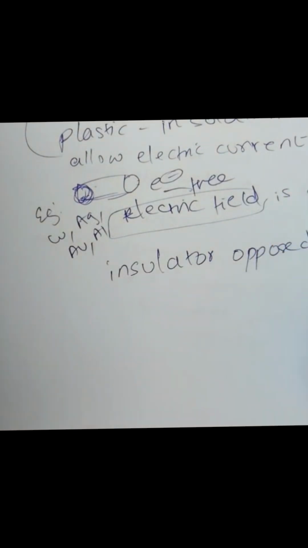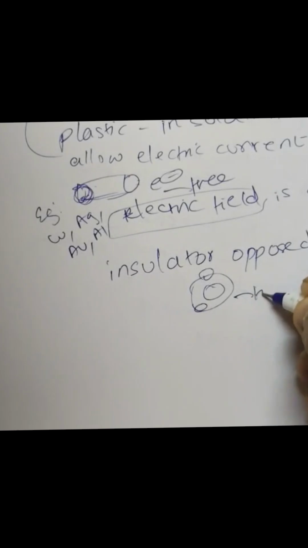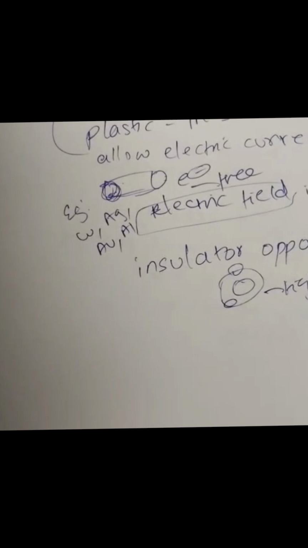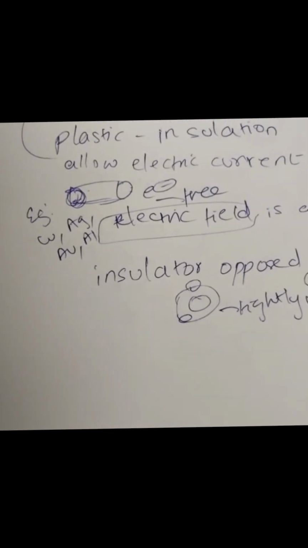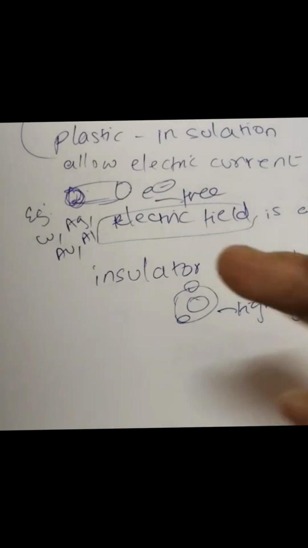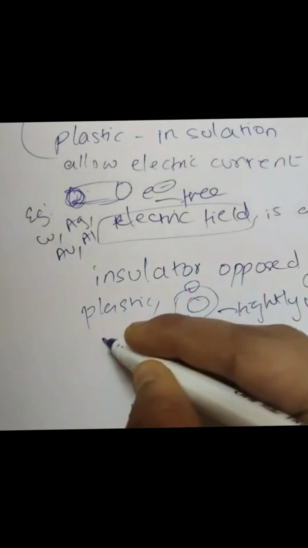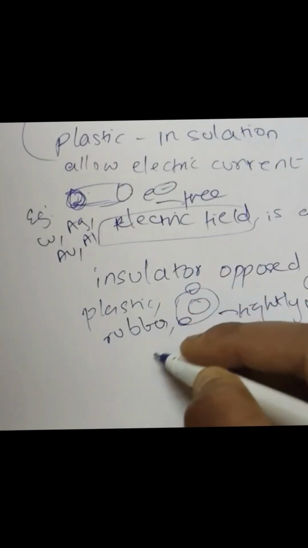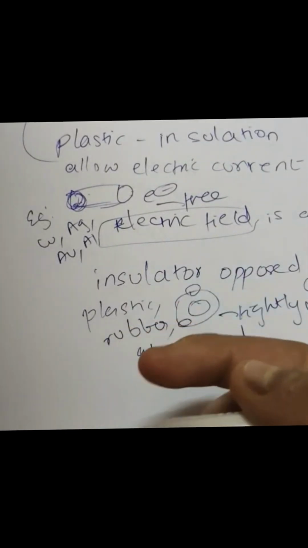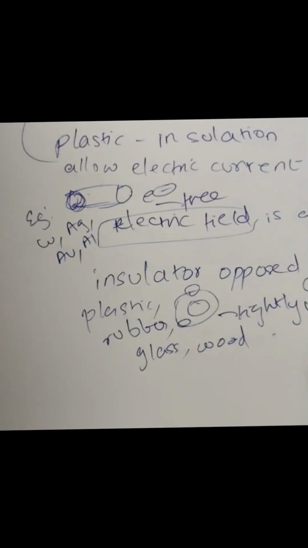Its electrons are tightly bound, so there are very few free electrons and they can't move easily. Almost no current flows. Examples: plastic, rubber, glass, wood. That's why electrical wires are covered with plastic, to protect us from electric shock.